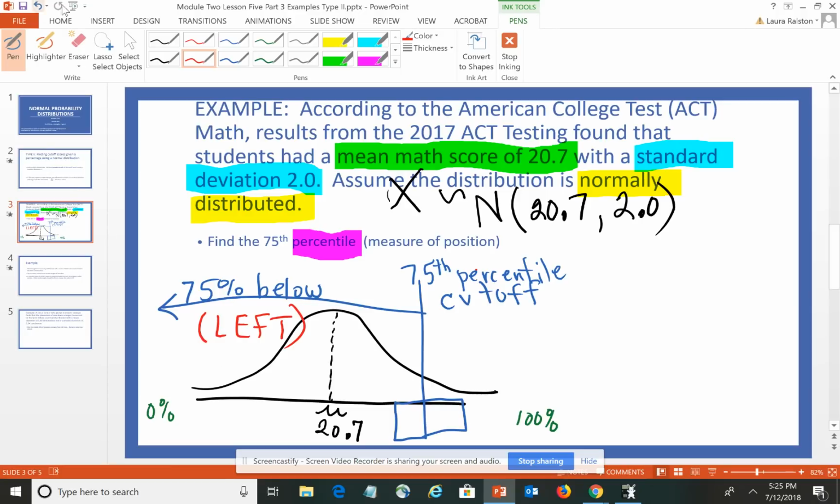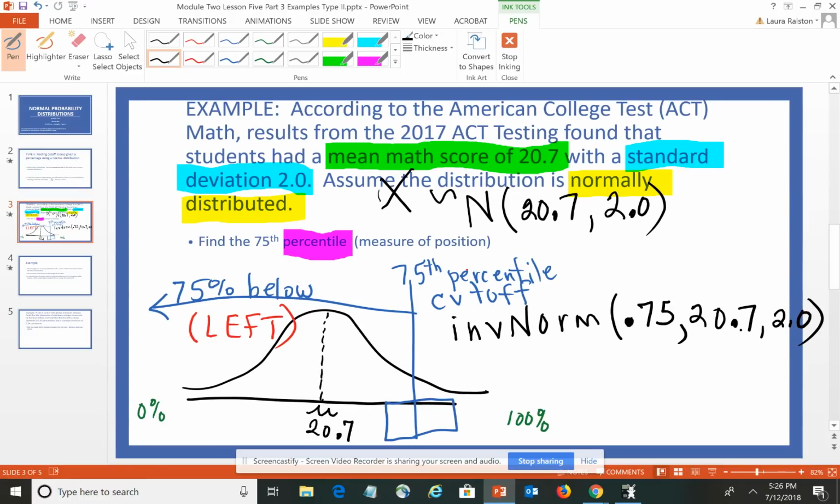I'm really ready at this point to enter the information. My command would be inverse norm: 75% as a decimal is 0.75, the mean is 20.7, and the standard deviation is 2.